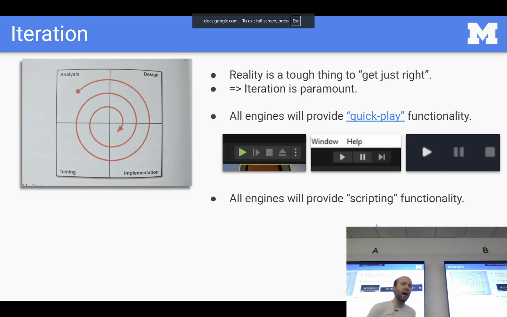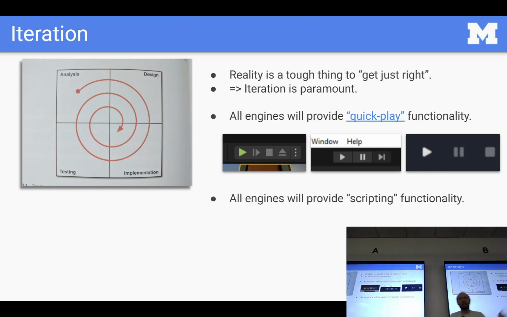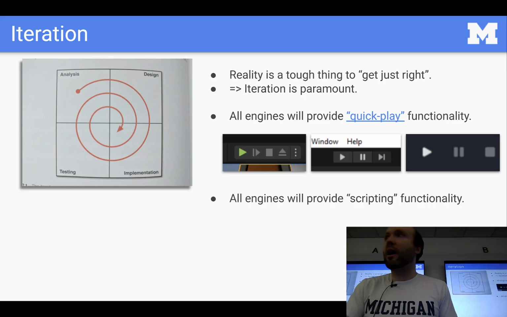All engines will provide this sort of quick play functionality so you can just very quickly experiment and see if the experiment worked out. In order to allow you to make changes very quickly, engines will provide a scripting layer. Now, my game engine architecture students in EECS 498 are going to be building this. They know all about this by now.